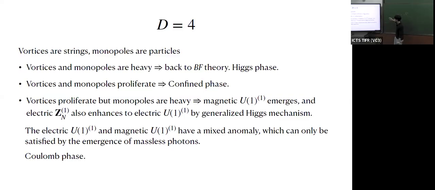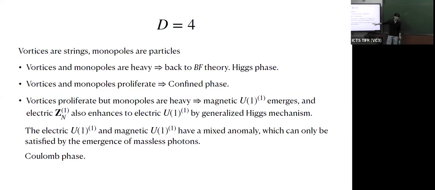And that's because of vortices proliferating, Higgsing B, by a generalization of the Higgs mechanism, essentially kills the BF term, and that's what allows this enhancement of the center symmetry acting on A to a full U1. So now we have two U1 symmetries, an electric U1 associated with A, and a magnetic U1, which emerges because monopoles are heavy.